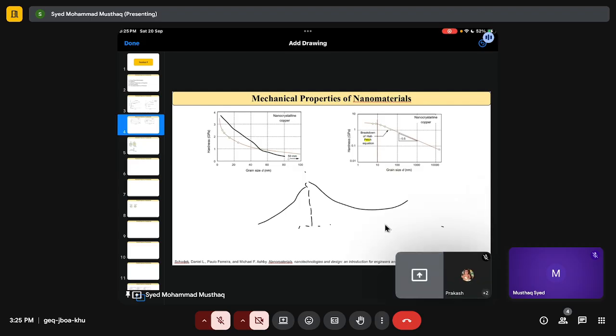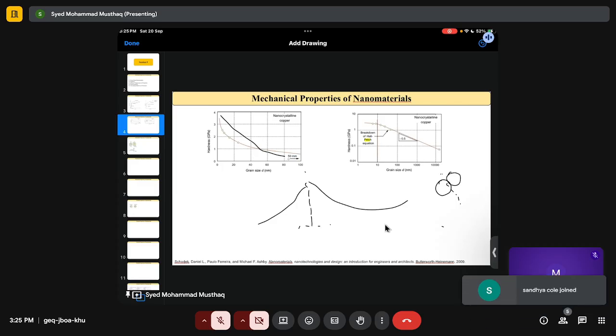And why does that happen? Because first of all, you do not have defects there, and these particles are so small and the surface energy is so large, they will start gliding, or you will have grain boundary sliding. So these particles will just slide on each other, and you will finally have your deformation. So that's one point, right? That's why you will have the inverse Hall-Petch correlation.